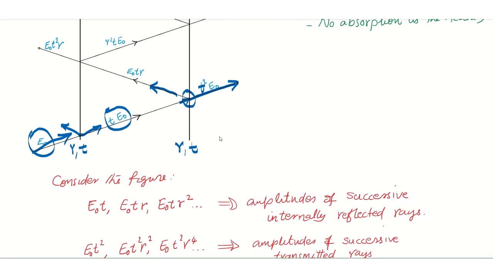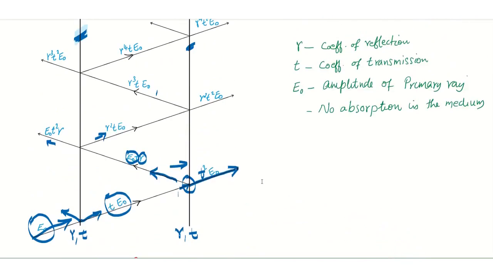Then E0 T was something coming into this plate here, and when that is reflected, a fraction is reflected, that's R here, and that continues. Something goes out through here, and you have to sit and look into it. What we are interested in is the transmitted light.